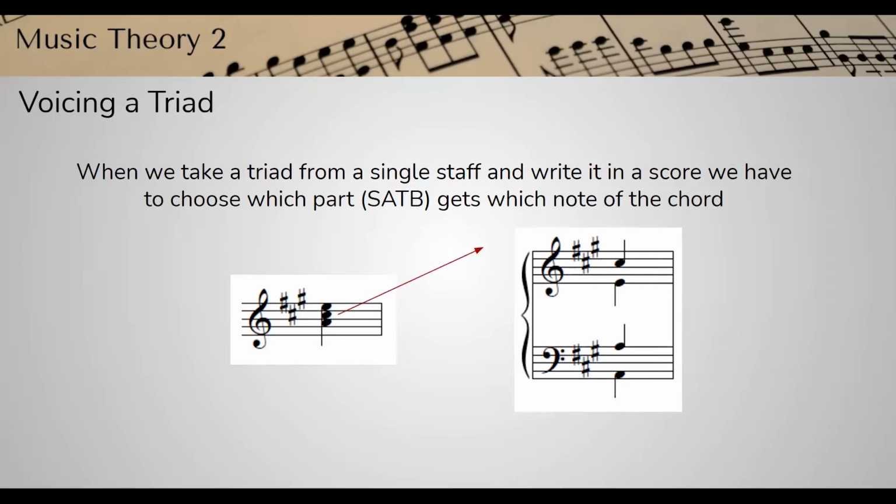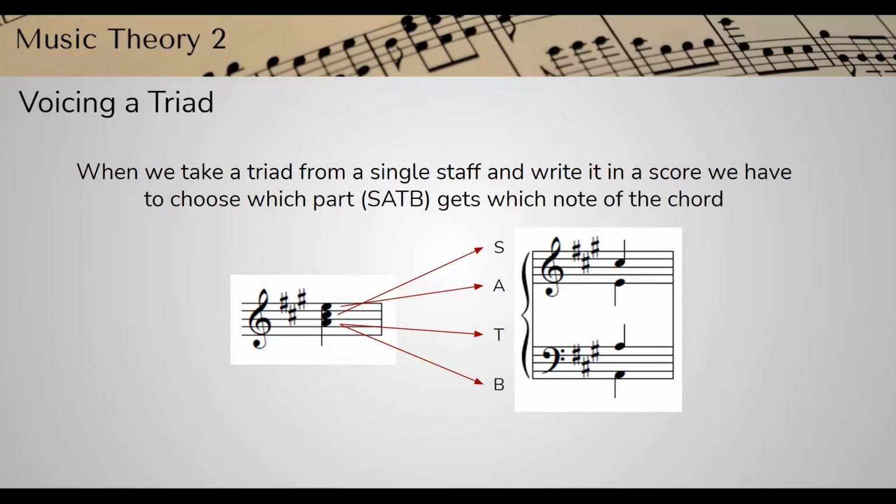So here, we're taking the C sharp in the middle of this chord, and we're giving it to the soprano. Okay? We're taking the E at the top of this chord and giving that to the alto. And we're taking the A at the bottom of the chord and giving it to the tenor, and we're also repeating it, doubling it in the bass. So we go from this sound, right, to a more spread out sound.